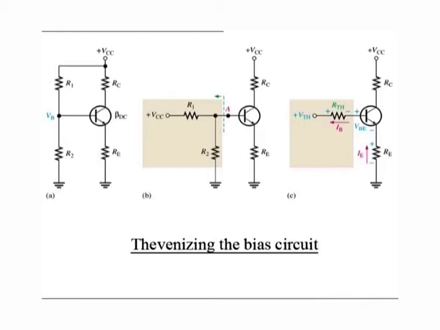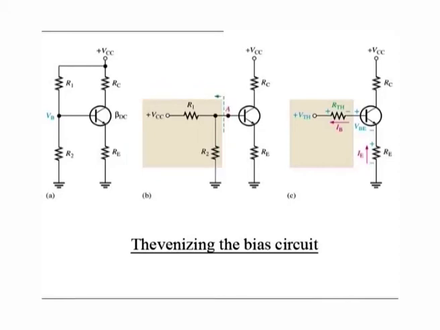Looking out from the base terminal, the bias circuit can be redrawn as shown in figure B. Apply Thevenin's theorem to the circuit left of point A with VCC replaced by a short to ground and the transistor disconnected from the circuit.